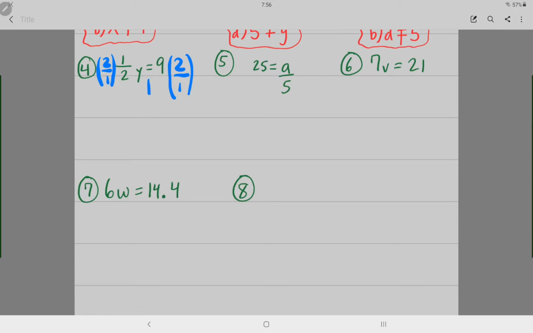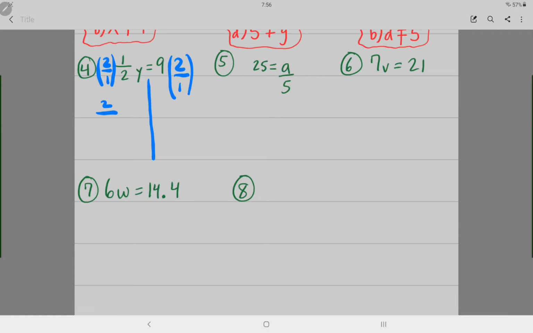Remember, equal sign, let's draw a line. We should have done that first. But the reason why I want to multiply by the reciprocal, in this case 2 over 1, is because it's going to get rid of my fraction. So again, there are different ways to multiply. If I multiply across the numerators, 2 times 1 is going to give me 2.